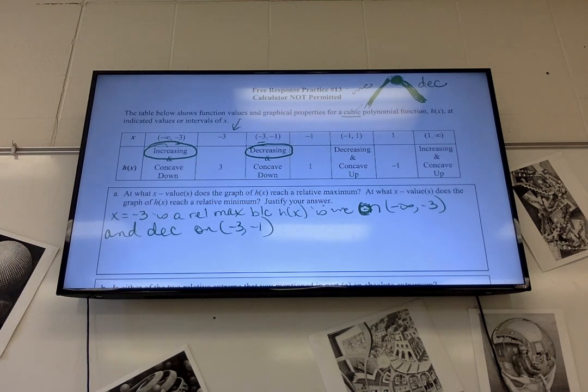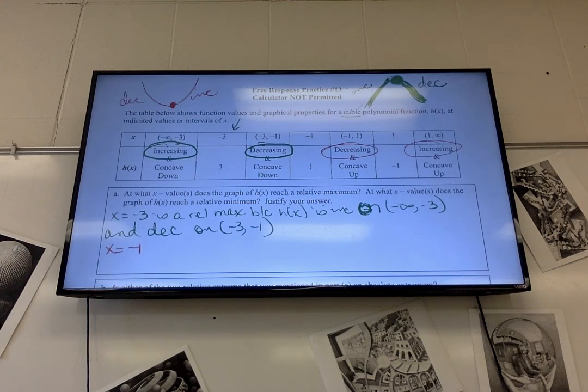All right, now where would the relative min be, or relative mins? Say that again? 1. Yes, because it's going from decreasing to increasing. So right when it changes, that's going to be a relative minimum. So x equals -1. Oh, it says 1.